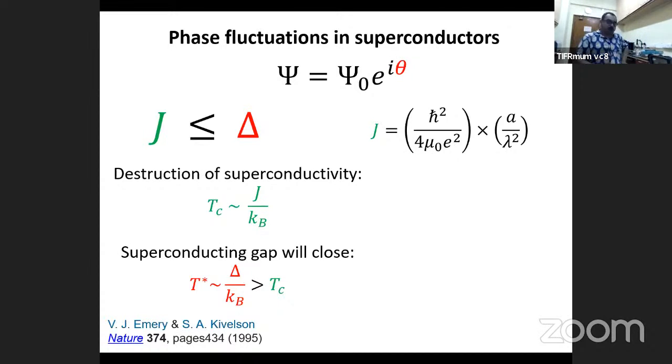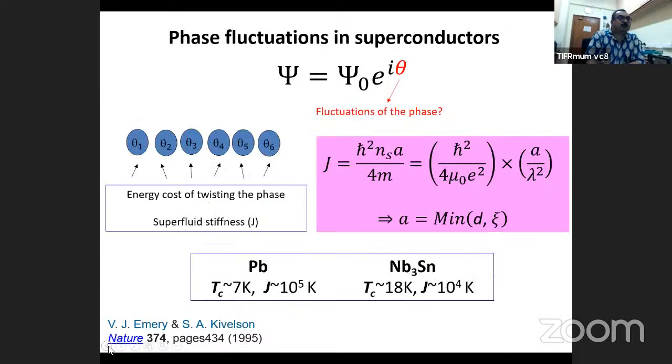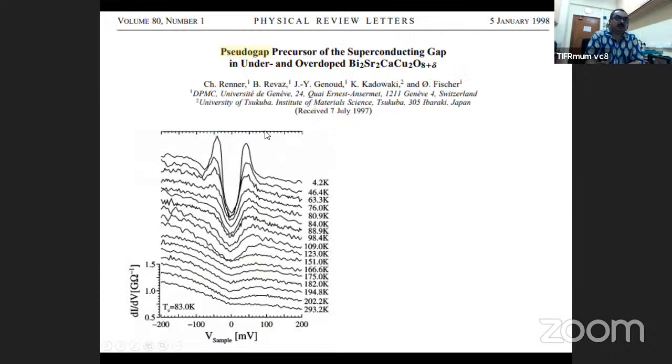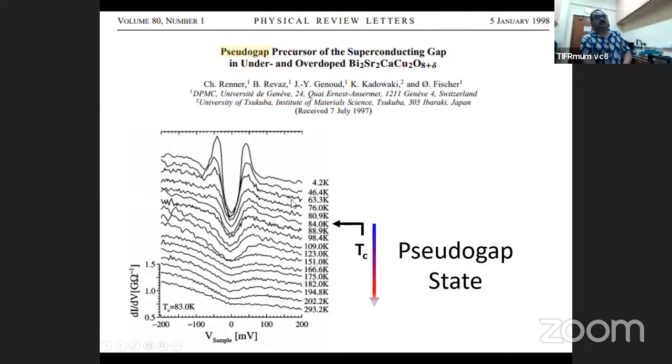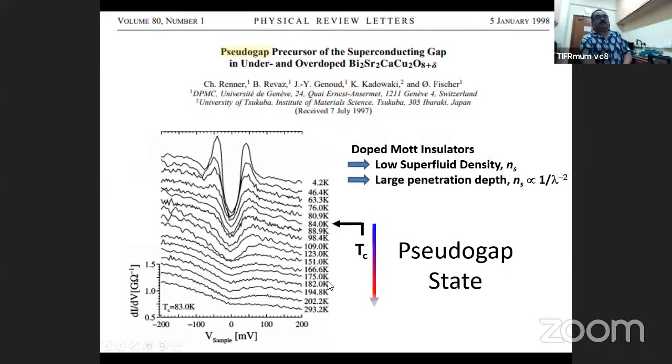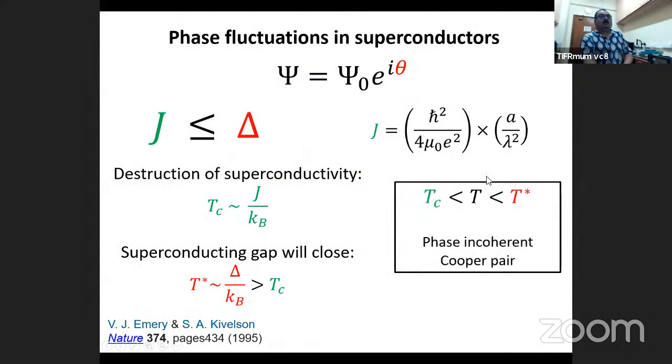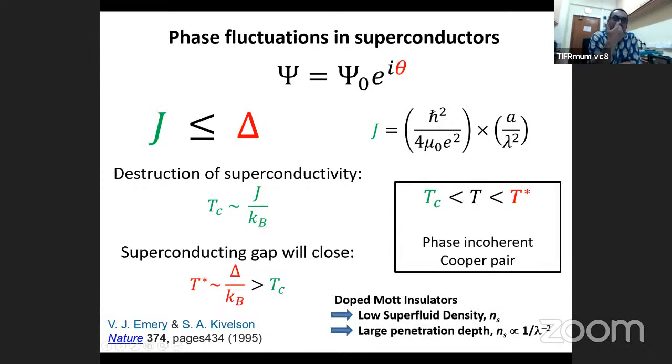That will persist up to a much higher temperature, and this is what was mooted as the explanation for the pseudo gap state that you see above Tc. All right. So between Tc and this temperature T star, you have this phase incoherent Cooper pair, and that is what gives you the pseudo gap state.